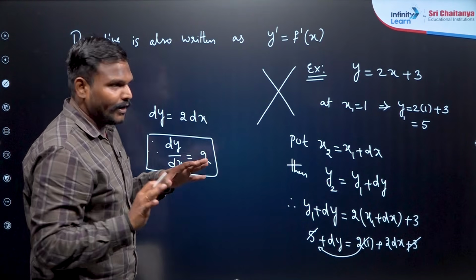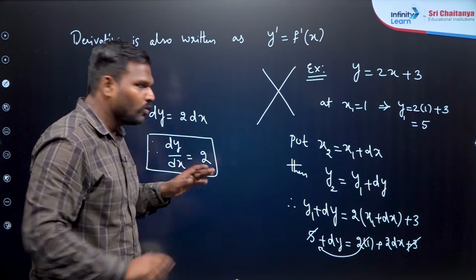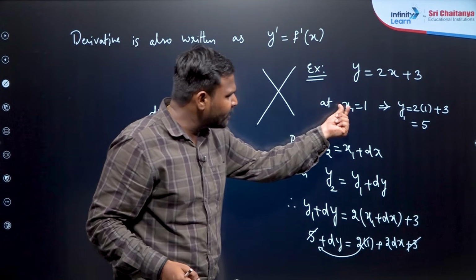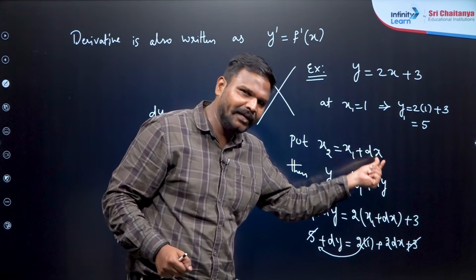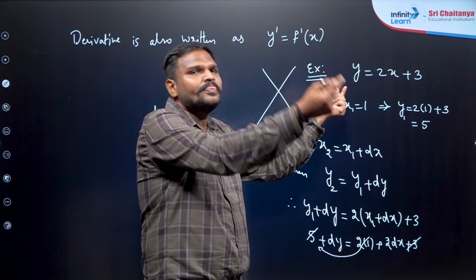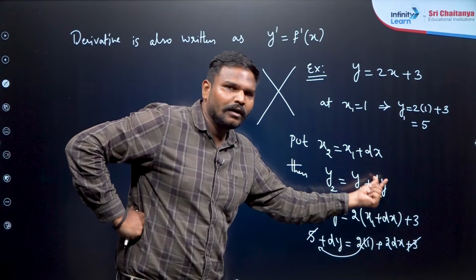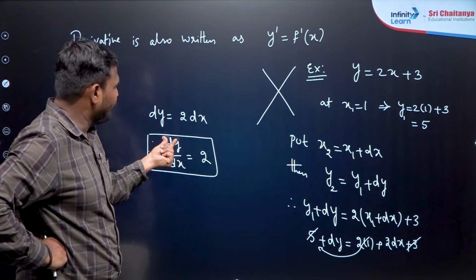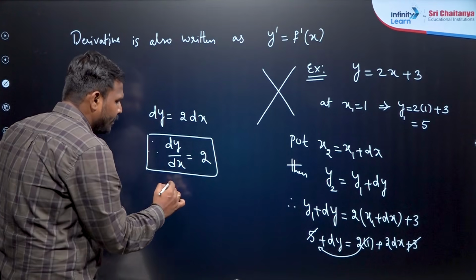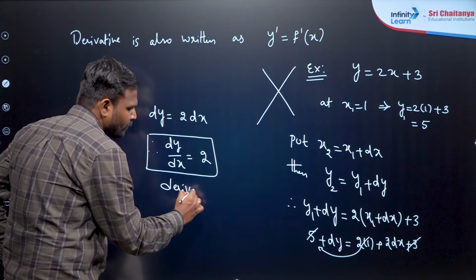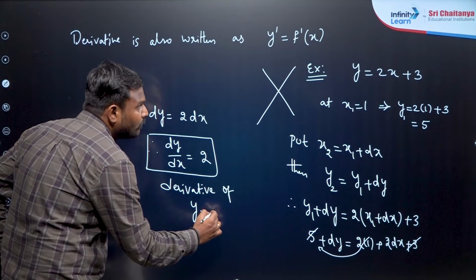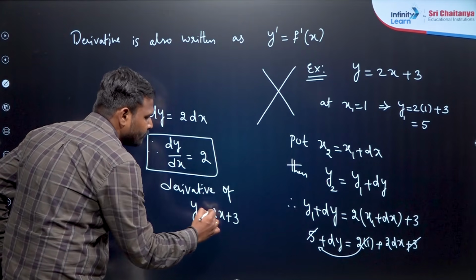So I already told you, in this method we are not going to solve anything, just for our understanding purpose. If you change x by the smallest element, then the dependent variable also will change because it is depending on that function, and the smallest change in the dependent variable by the smallest change in the independent variable is called the derivative of the function y is equal to 2x plus 3.